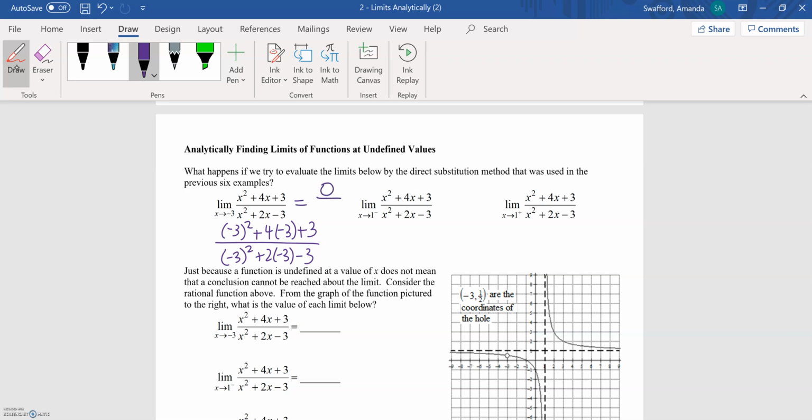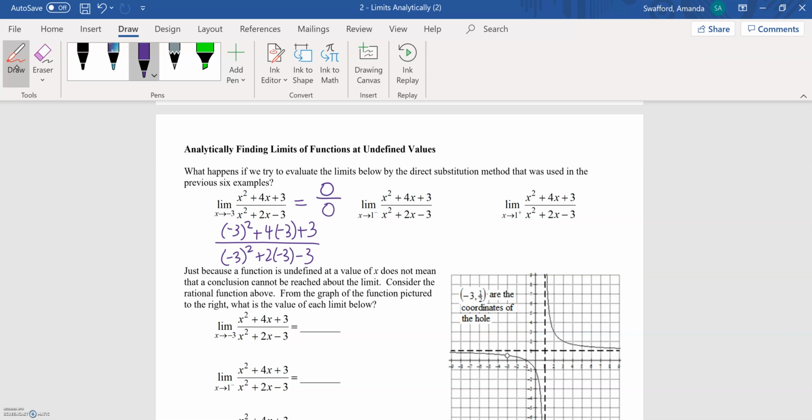But then as I clean up the bottom, I have 9, minus 6, which is 3, minus 3, which is also 0. Oh, wow, you cannot have 0 in the bottom. So does the limit not exist? Well, not necessarily. Direct substitution here produced 0 over 0, which is what we call an indeterminate form. But it doesn't necessarily mean the limit doesn't exist. So hold on to that thought.